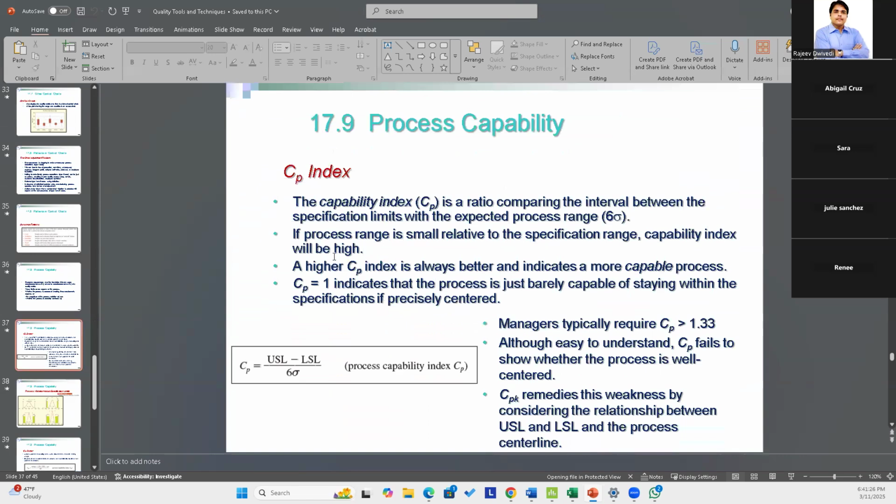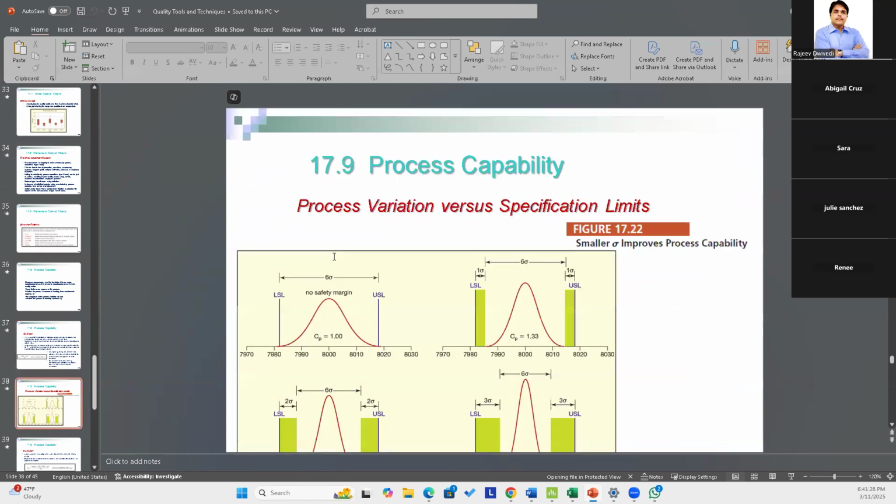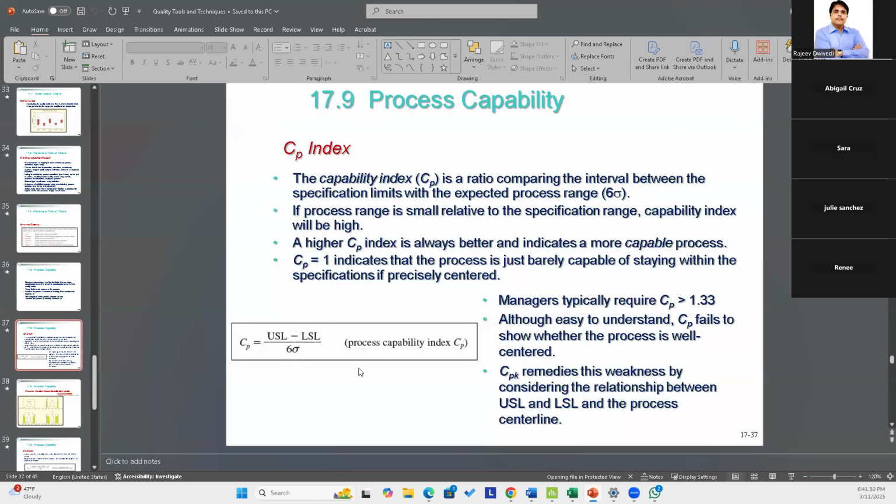So process capability index, CP index. And basically, if CP is greater than 1.33, what is the meaning? If CP equal to 1, it indicates the process is barely capable of staying within the specification.